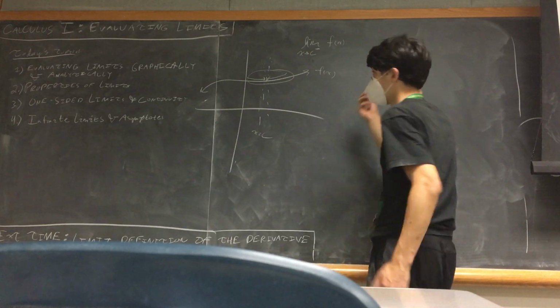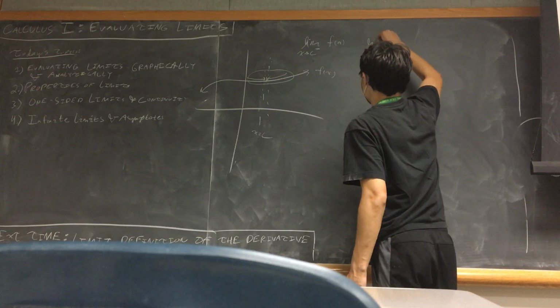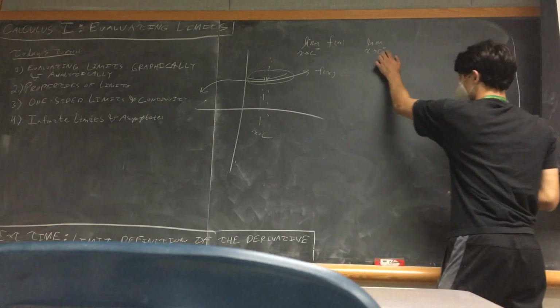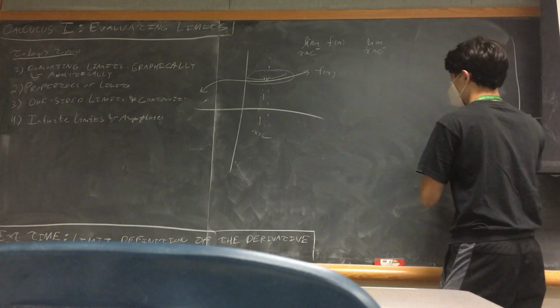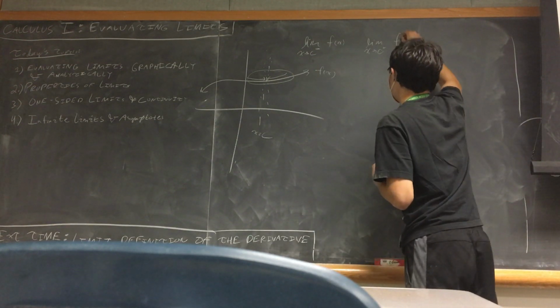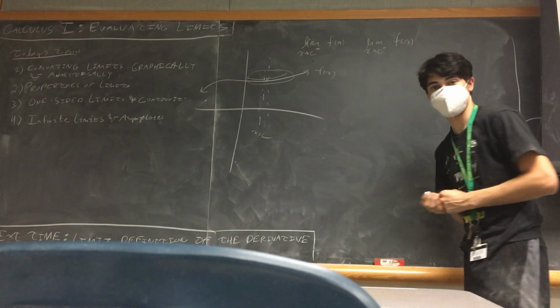And if we want the limit from the right, it's the limit as x approaches c with a plus there, as x approaches c from the positive direction, which is the right, of f of x.